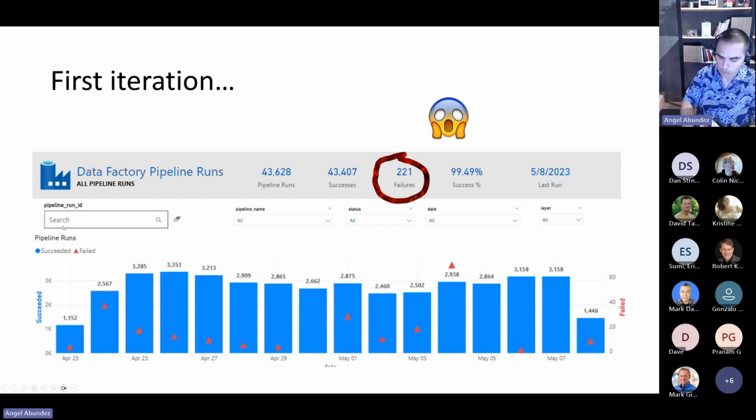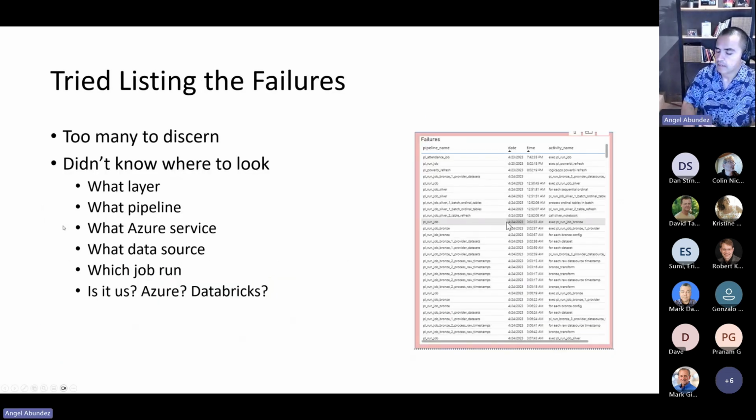Additionally, we also tried to just list the failures in hopes that we could learn what is really failing and what we should be looking at. What we found was there's just too many things to discern what the problem is, where the problem was, at which layer, which level.